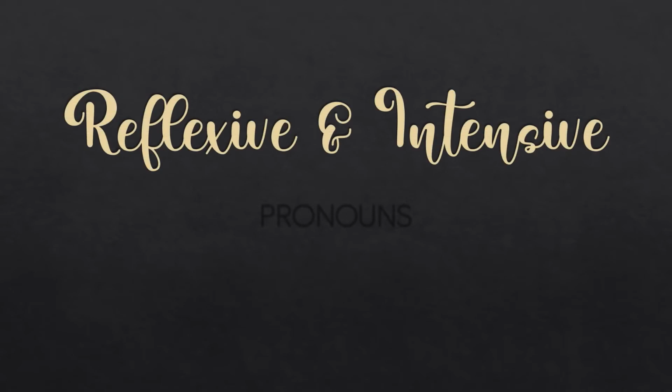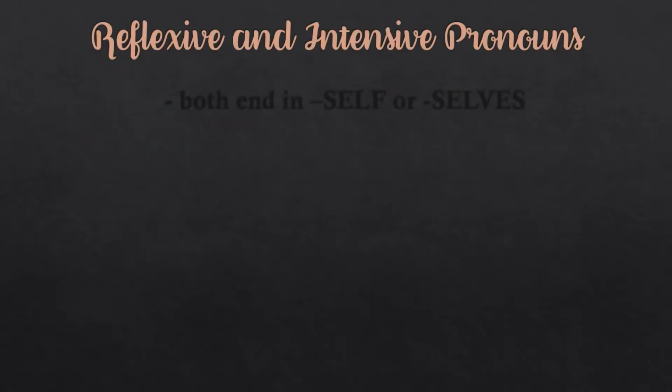Let me guide you as we are about to discuss reflexive and intensive pronouns. Reflexive and intensive pronouns are just two of the few types of pronouns that we have.